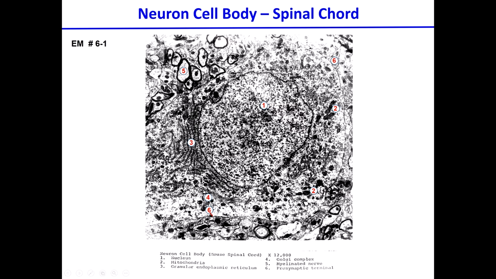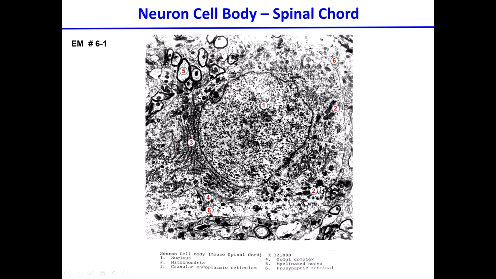Of course, you can immediately recognize this as the nucleus. These things, which are labeled number 2, are mitochondria, and you could actually even see the cristae, the internal membrane of the mitochondria in there. The endoplasmic reticulum is a great number of membranes, and this is a rough endoplasmic reticulum, so these little things are most likely ribosomes.